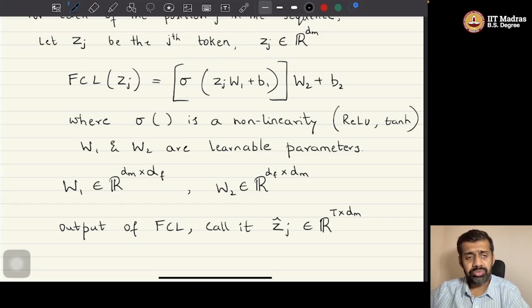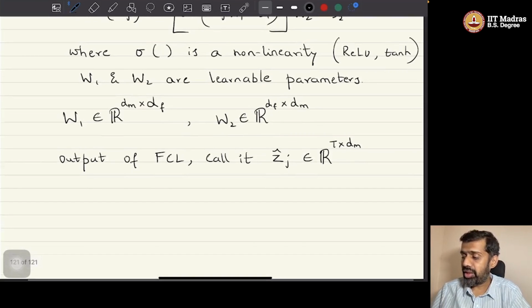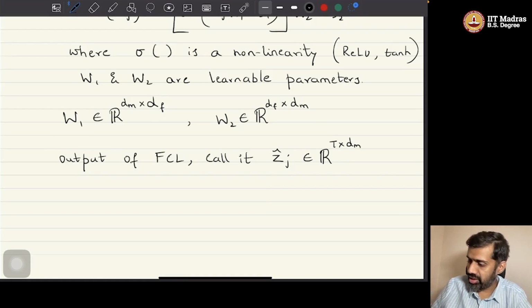That is followed by fully connected layers that are applied separately to each of the individual tokens. Then we have some representation z cap j in dm dimensions. So what is to be done next is that we'll define the final output layer.